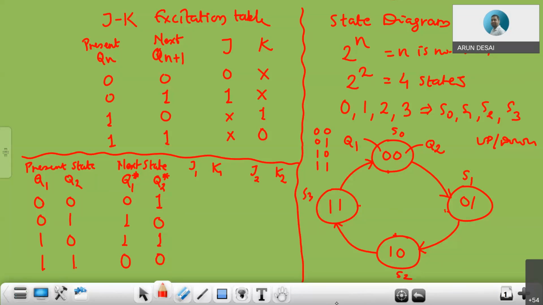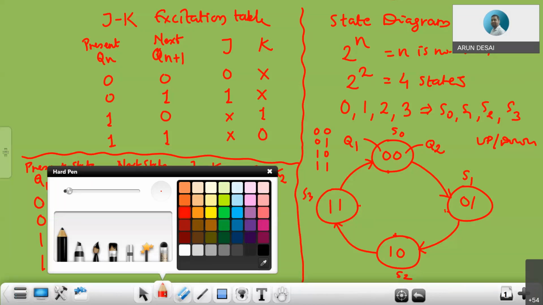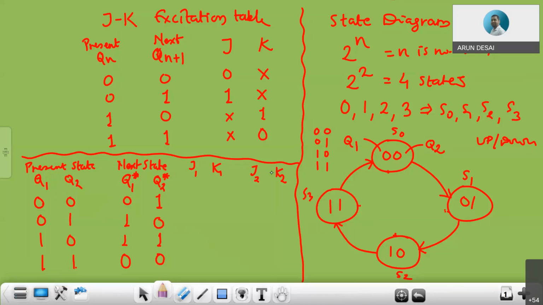This is how we can draw the next state for our circuit excitation table, and this is how we can write the outputs Q1 and Q2 and Q1 and Q2 in the next state or star, right? So this is basically called the outputs for circuit excitation. Now what we need to identify is the inputs, right?